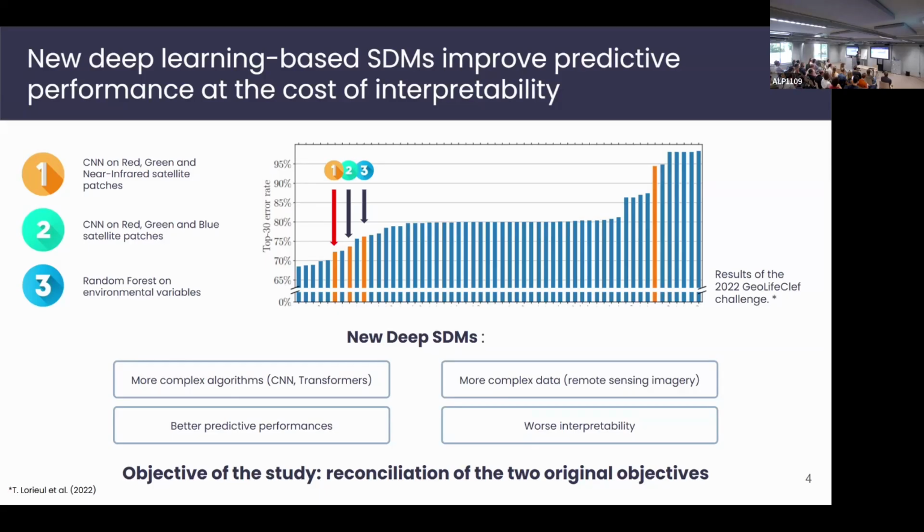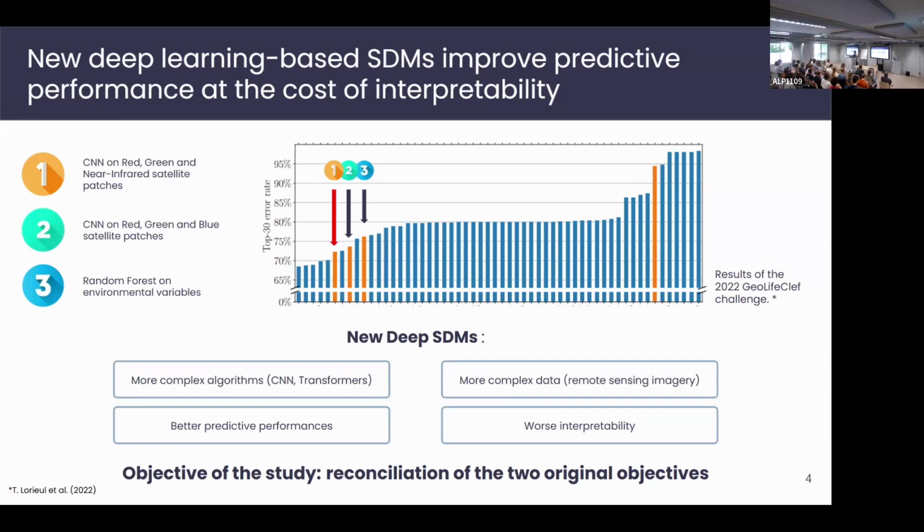It has a much higher error rate than CNNs trained on satellite patches, and therefore this is an example showing that deep SDMs, with more complex algorithms, here CNNs but could also be transformers, and more complex data, remote sensing imagery instead of a simple tabular dataset, have better predictive performance. Well, actually this morning Emilia showed us that it's not always true, but in this case it is.